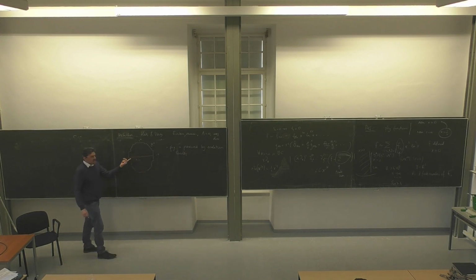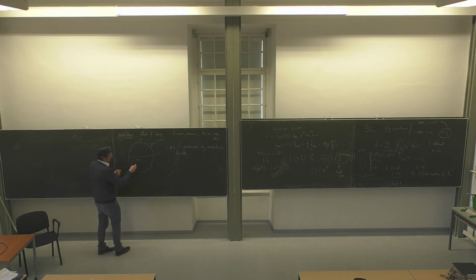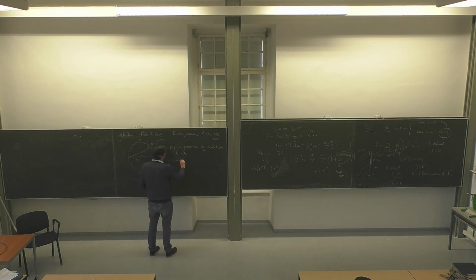You take polyhomogeneous data here, and it's going to stay polyhomogeneous for as long as it exists, and for small data. But it's much more, because you can take data at t equals 0, or you could take characteristic data, polyhomogeneous here and here. Polyhomogeneity is preserved for large data as long as the solution exists. And for small data, you get global solutions.